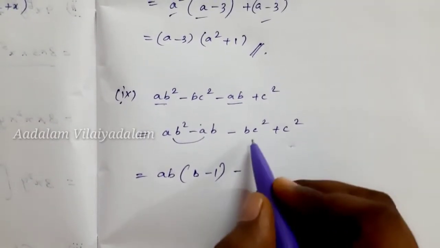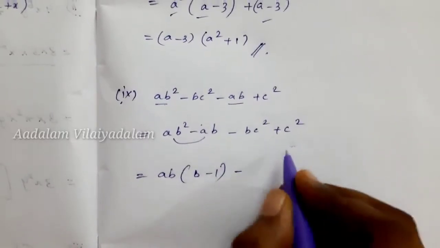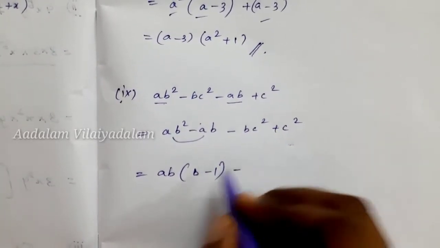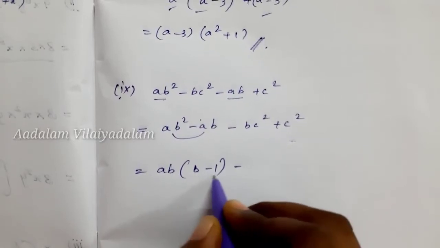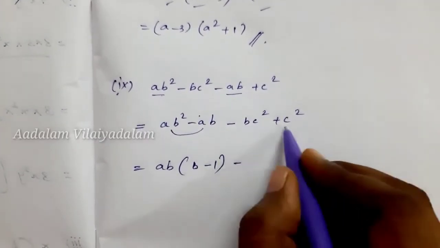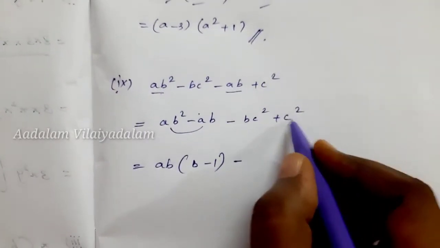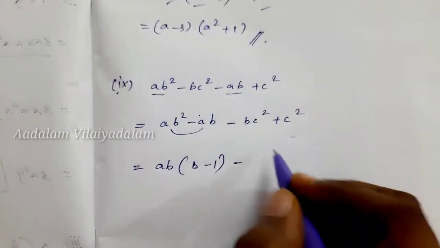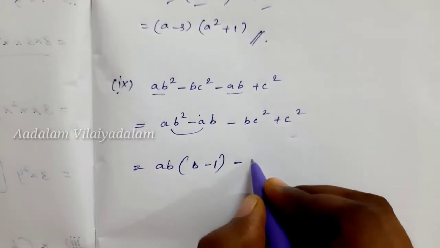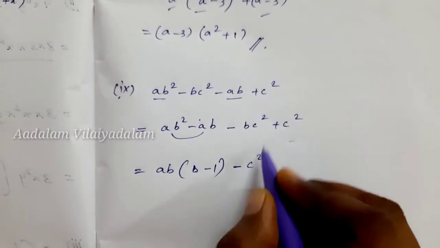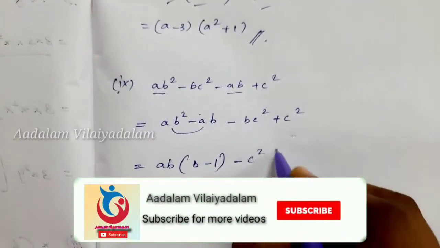So to get the b minus 1, we are going to take out the minus c square.